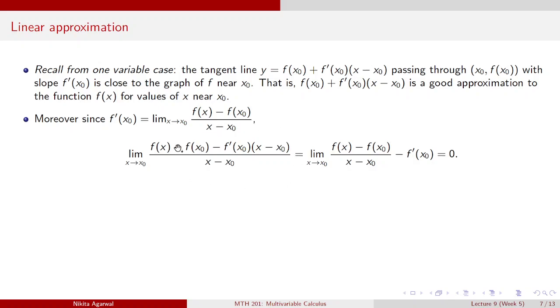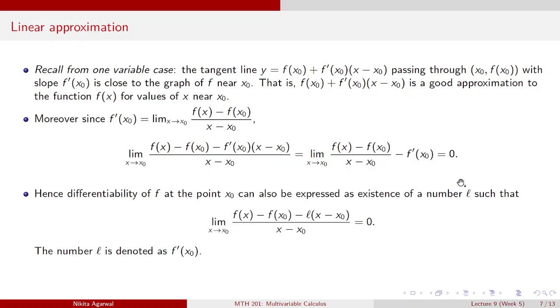If you consider this limit, it can be broken into two terms. First is this term and second is this term. But in this term, because you have limit x going to x0, x minus x0 can be cancelled, because when you talk about limits, x is not equal to x0. x is approaching x0, right? So you're just left with f'(x0), but this difference is 0.